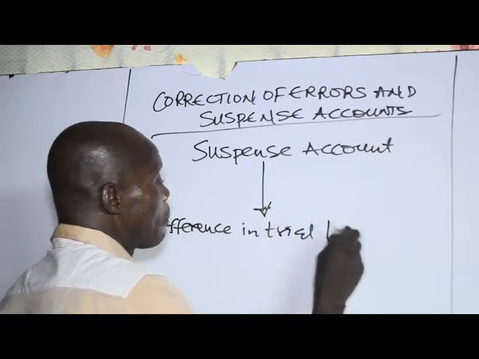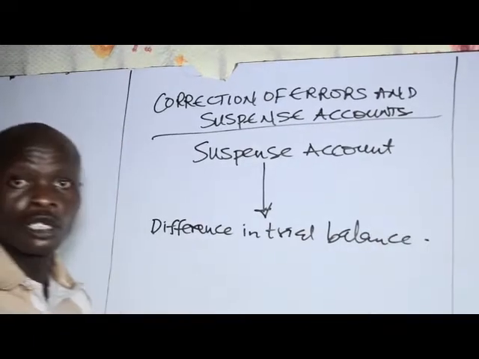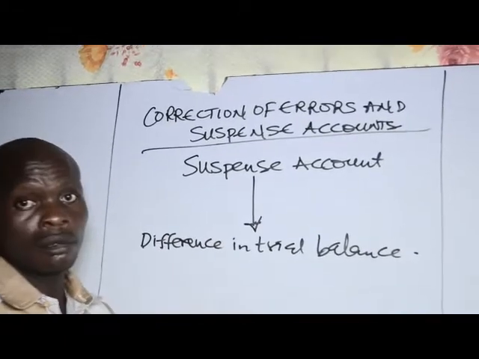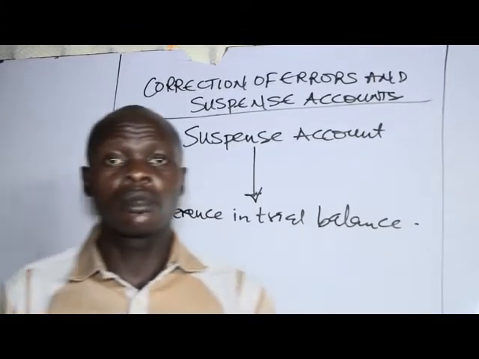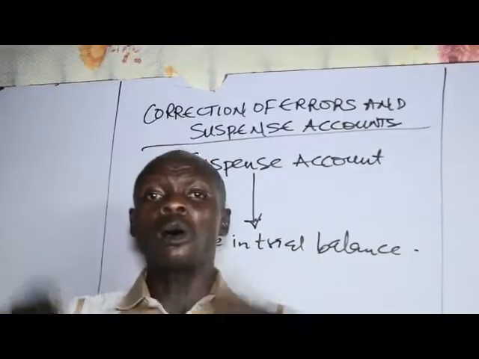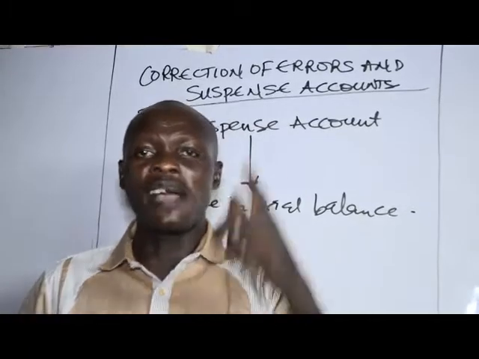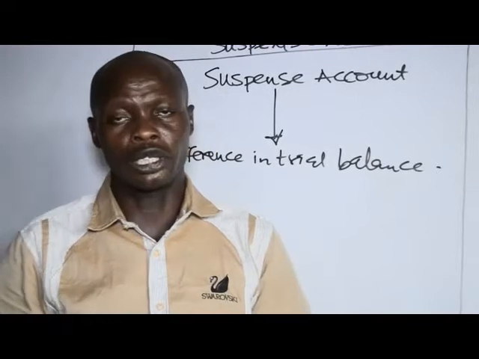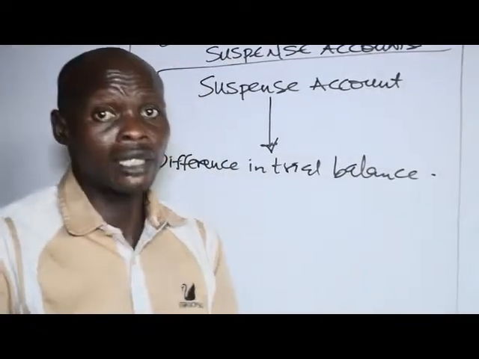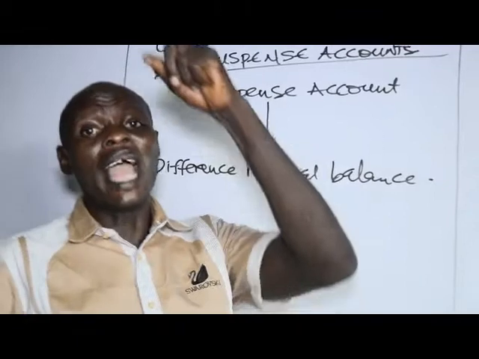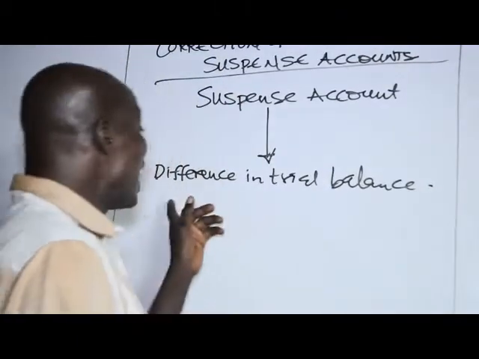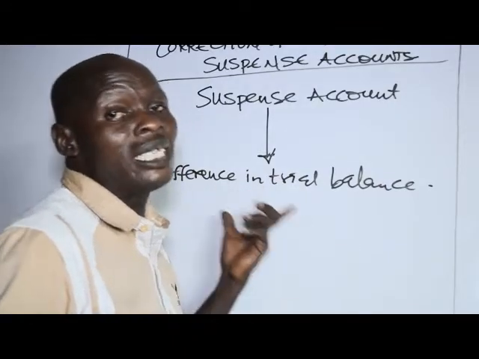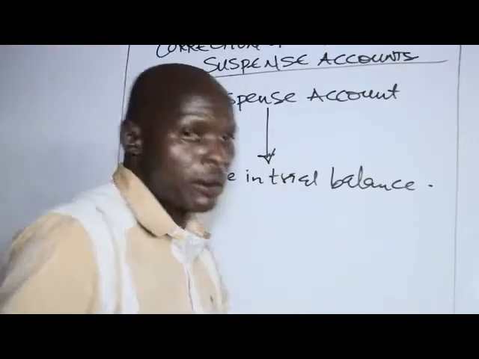A suspense account is an account in which those errors that affect the agreement of trial balance are recorded pending the location of the errors.